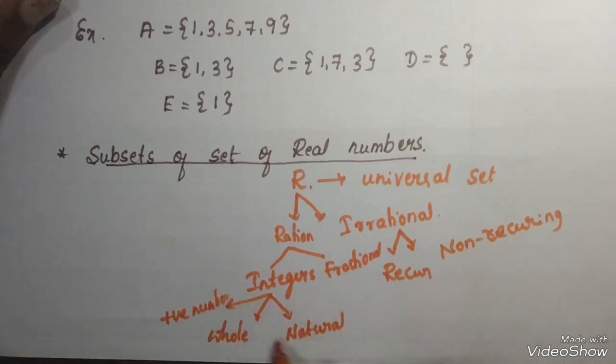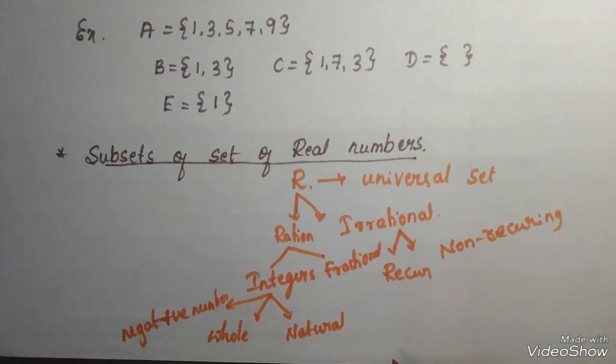Positive numbers are the natural numbers and whole numbers. Here there are negative numbers as well. Then for the subsets of real numbers, we have to write the relation here.